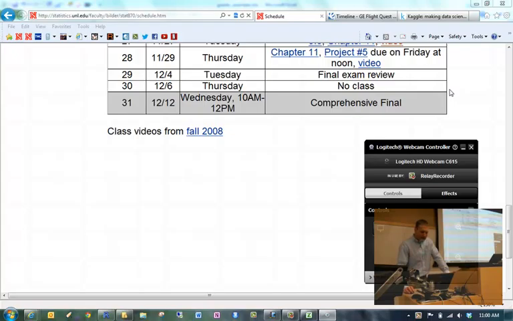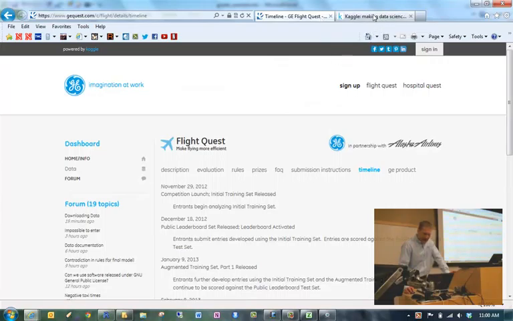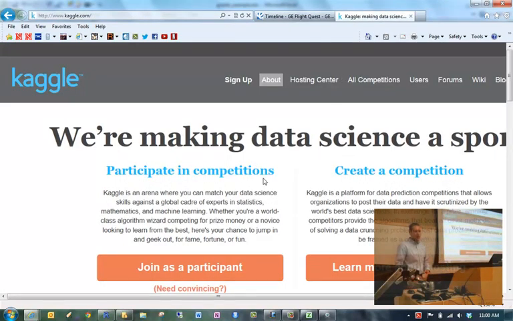Okay, before we get into the final exam review then, there's two things I want to mention. First of all, just an application of where regression analysis can be used. Have any of you heard of Kaggle Competitions?